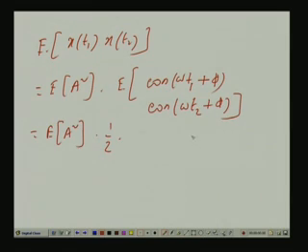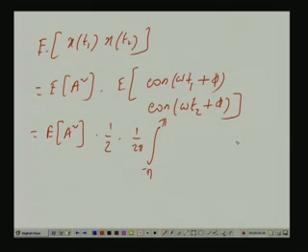The probability density of phi is 1 by 2 pi within the range minus pi to pi, otherwise it is 0. So, it is nothing but 1 by 2 pi, minus pi to pi. Why this half? Because cos A cos B is nothing but half cosine A plus B plus cosine A minus B.